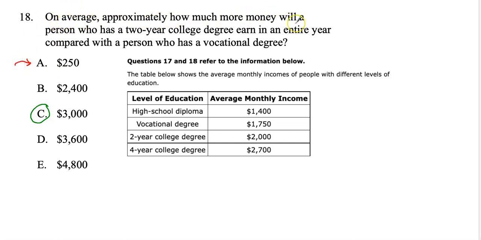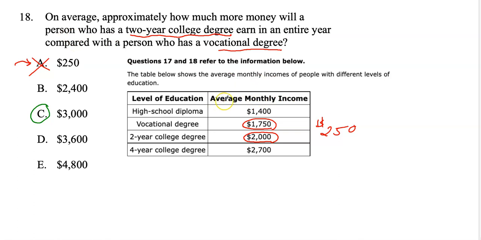On average, approximately how much more money will the person from the 2-year college earn compared to the person in the vocational? So they go to the 2-year college, they go to the vocational, and immediately they subtract them, right? They say, oh, well, how much more is 2,000 than 1,750? They subtract these two, put 250, and circle A. That's a trap answer because you're not reading your question.